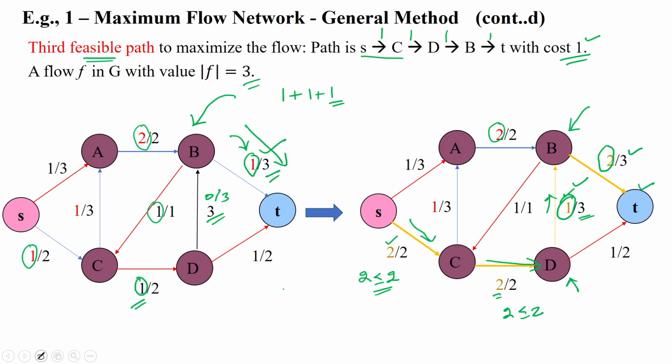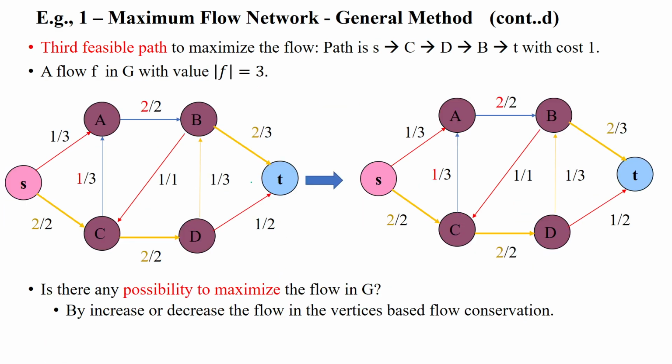After this, again I have to check is there any more path possible, right? For checking that possibility, you can increase or decrease the flow in the edges by using flow conservation.